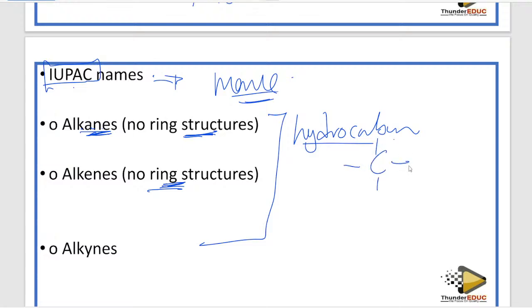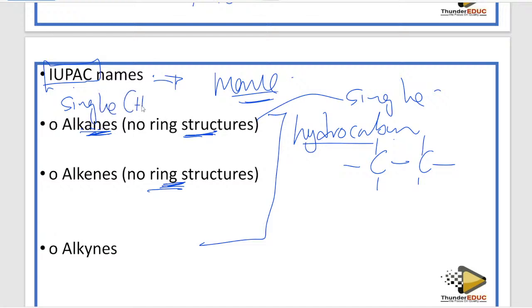This compound will have only carbon and hydrogen, and it will be single bonds. So when you say a compound which has single bonds throughout, we call it an alkane. So alkane, in other words, means single bond. A hydrocarbon is a compound with carbon and hydrogen, and the bonds in that molecule must be single bonds throughout. Then you just know that that is an alkane.